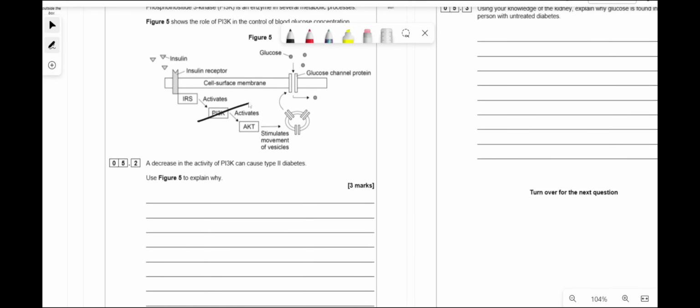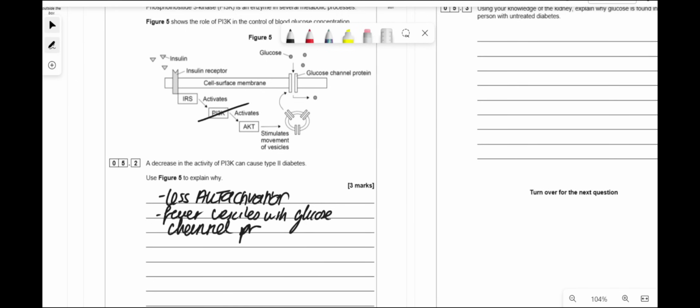Decreased activity of PI3K means you've got less AKT activated, so less AKT activation. If you've got less AKT activation, that means fewer vesicles with glucose channel proteins move to the surface membrane.